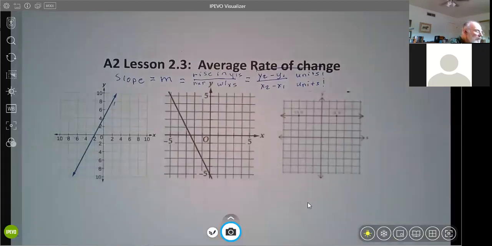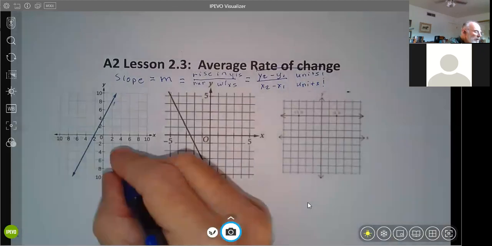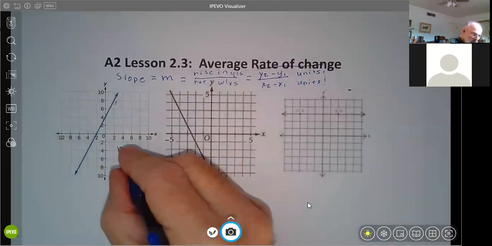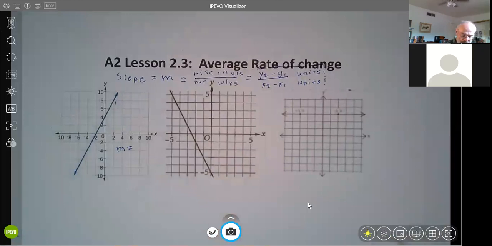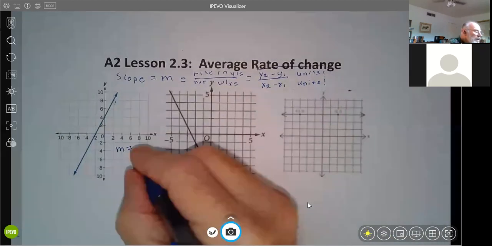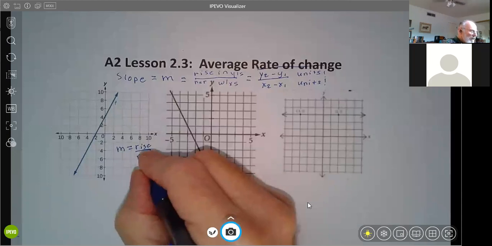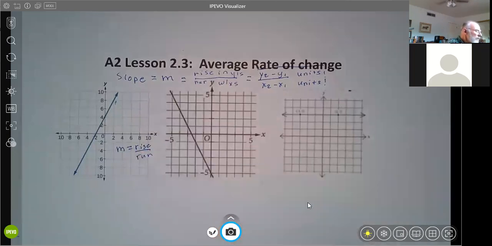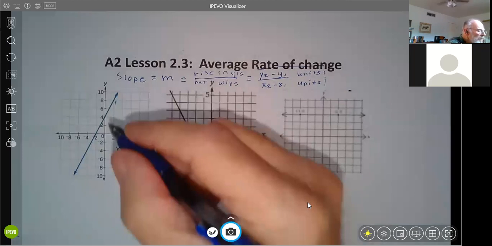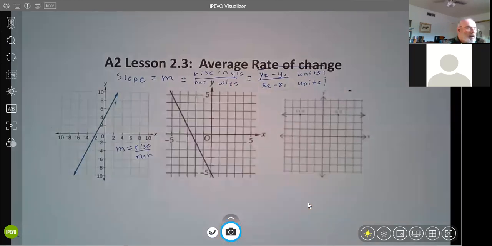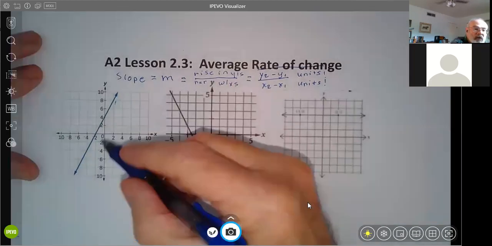So here I've got m equals, or slope equals rise over run. And so let's just see what it is. So we need to find a couple of points in our graph. So we're looking at this graph.